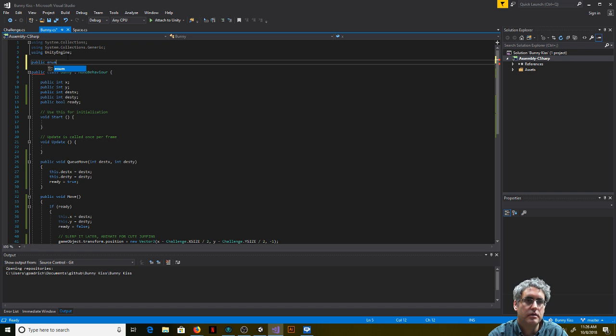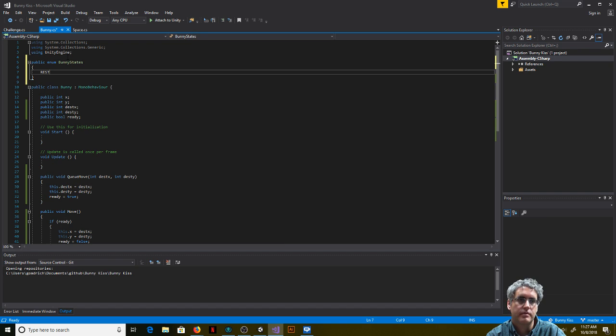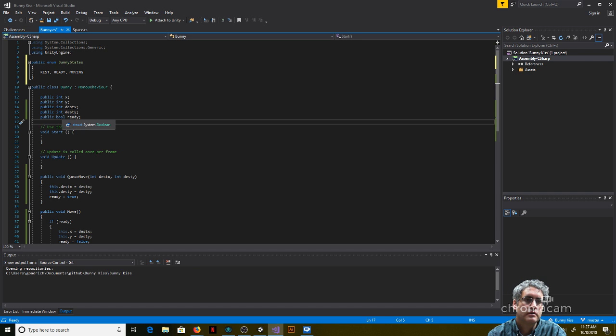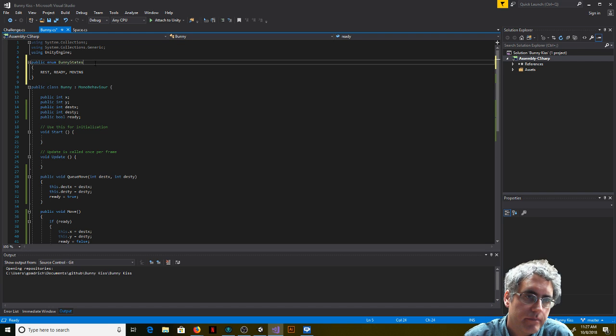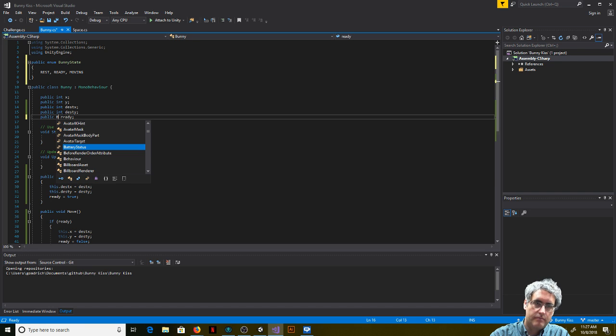Okay. Public enum BunnyState: rest, ready, and moving. Okay, we're going to change this to a bunny state. BunnyState state.